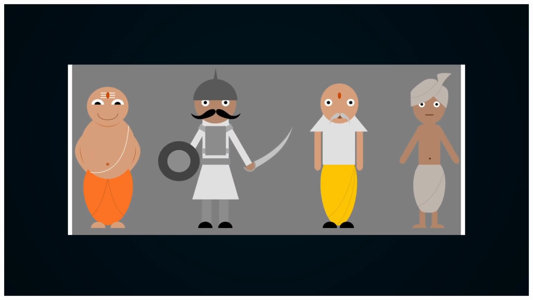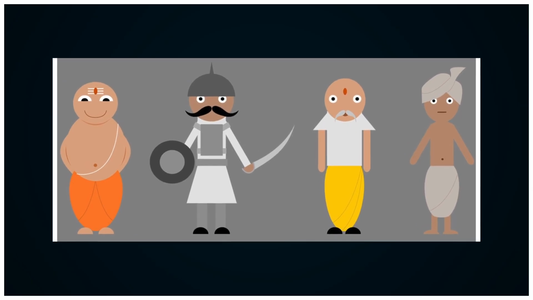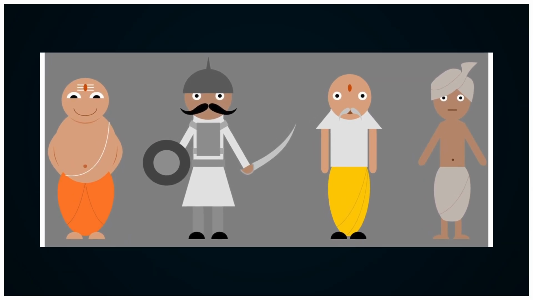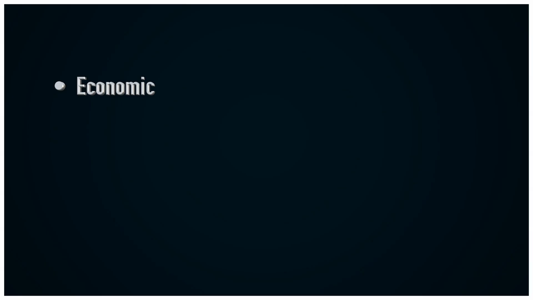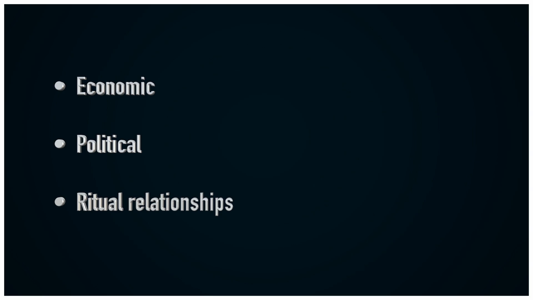In viewing caste as a system, there is a presupposition that no caste can exist in isolation and that each caste is closely involved with other castes in the network of economic, political and ritual relationships.